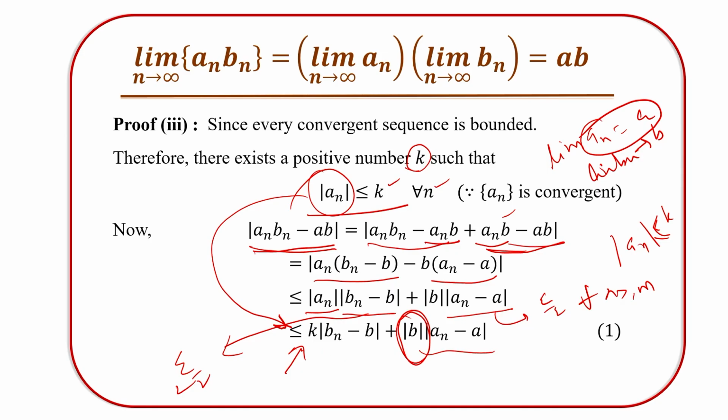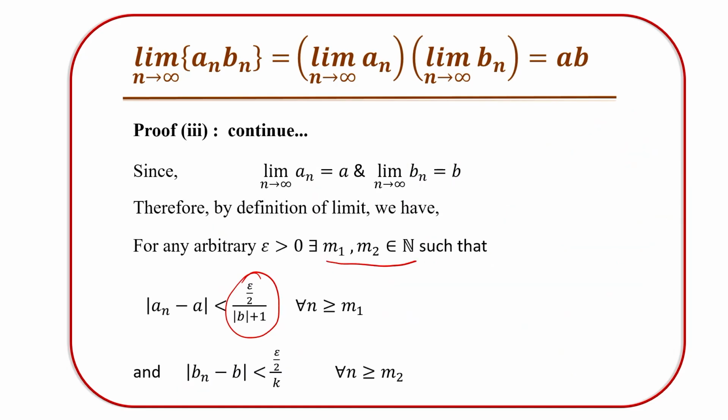This is the modulus B. So I have to keep it in such a way that the whole thing comes out less than epsilon. And to rearrange this, we have modified An minus A and Bn minus B in this way. So modulus An minus A is less than epsilon by 2 divided by modulus B plus 1.